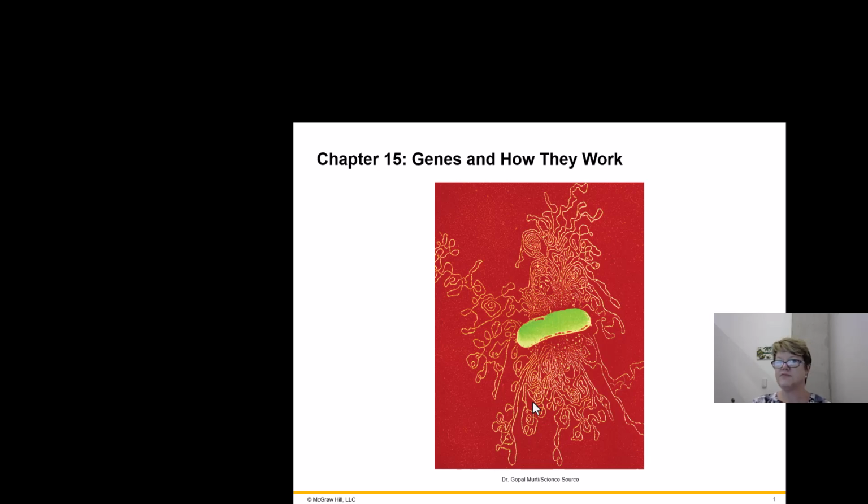They were all copied from that original zygote. But each cell doesn't make all of the recipes that are in those instructions. Each cell doesn't follow all the instructions for all the genes that it contains.